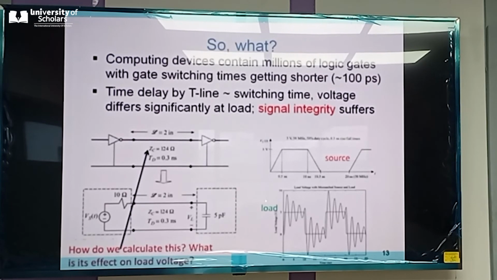So these are the questions one might ask. We know that there is a load voltage which is not exactly equal to the source, but how is this voltage at the load related to the transmission line effects? Let's see.